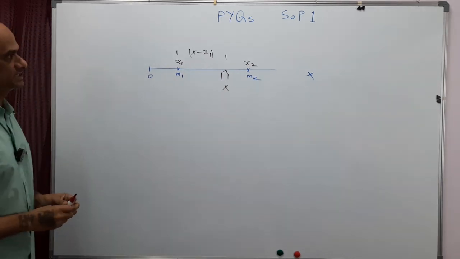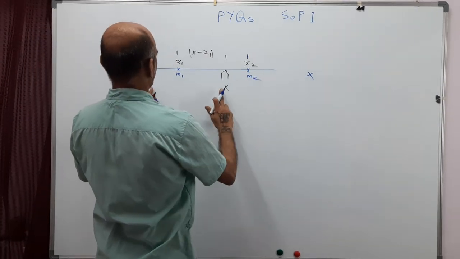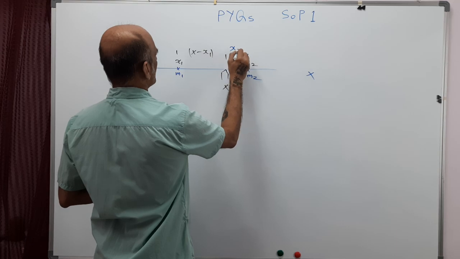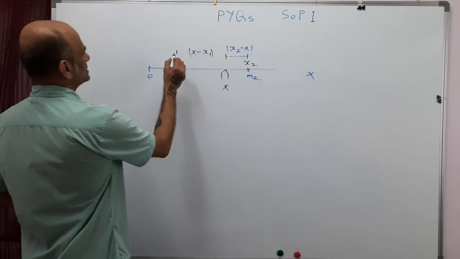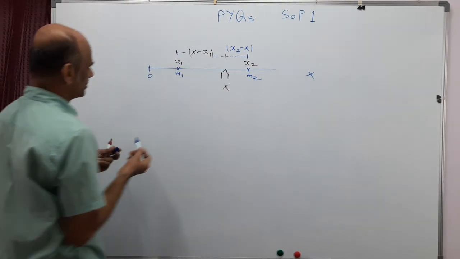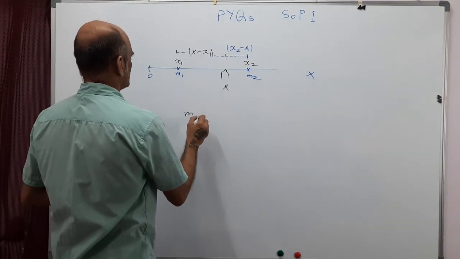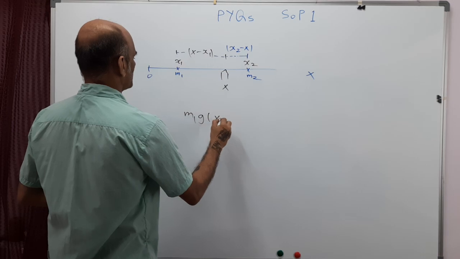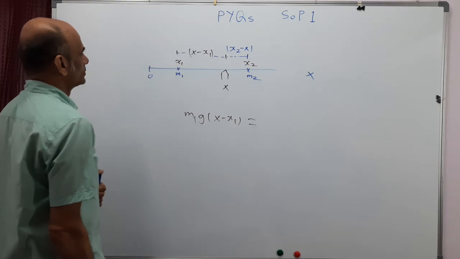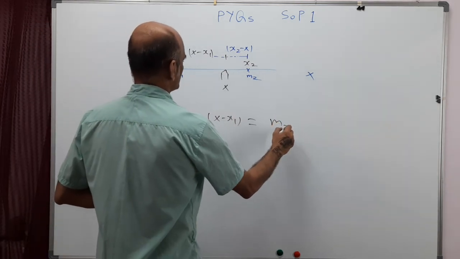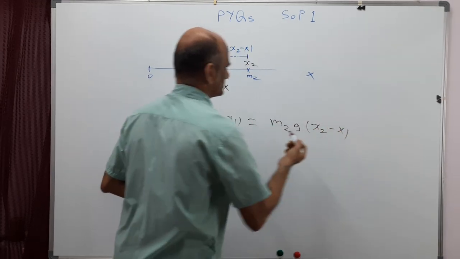Similarly, this distance will be x2 minus X. So the torque about this balance point X due to this weight m1g, with distance X minus x1, should equal the torque due to m2 about this point, which is m2 g into the perpendicular distance x2 minus X.